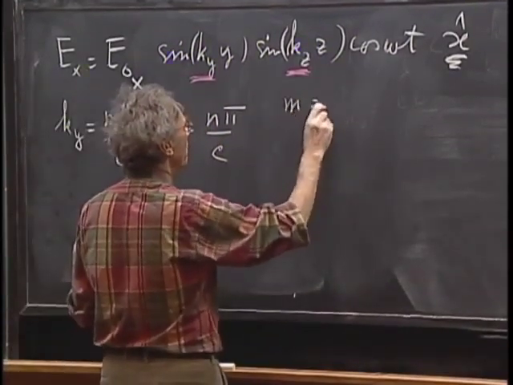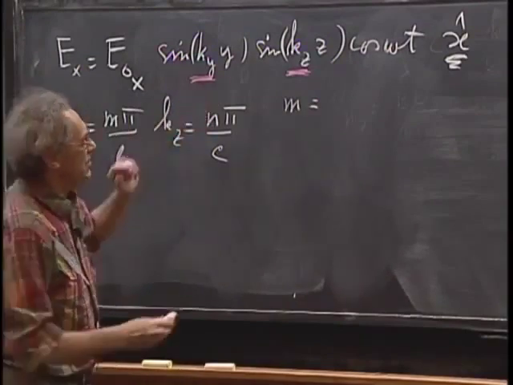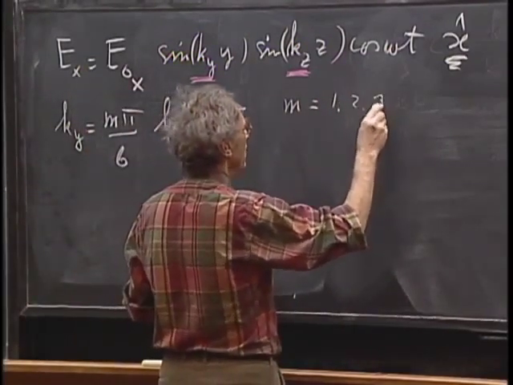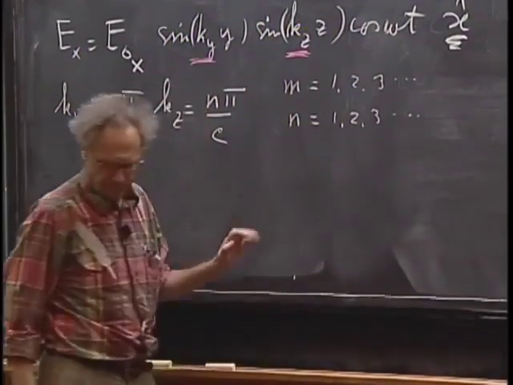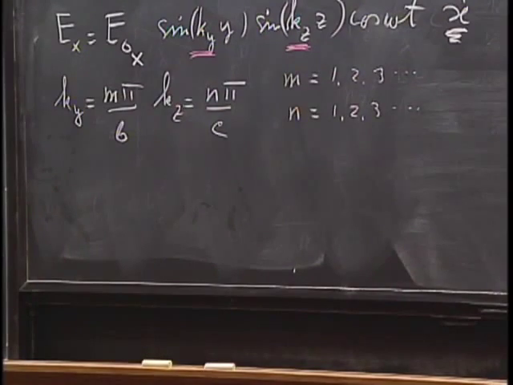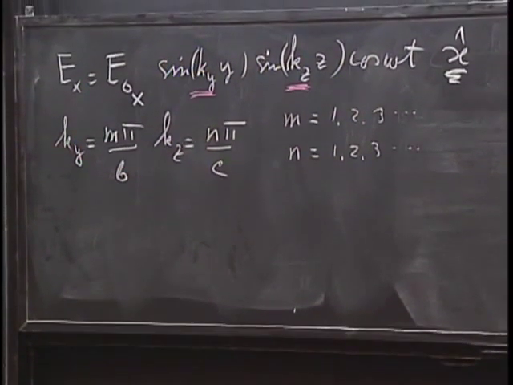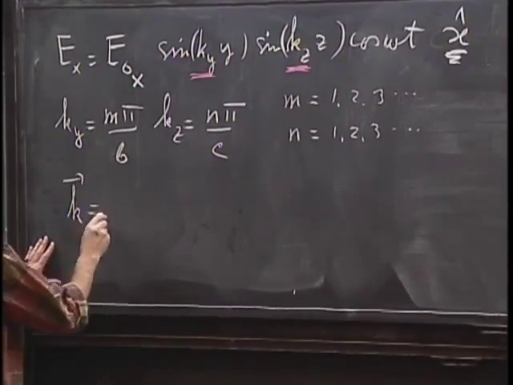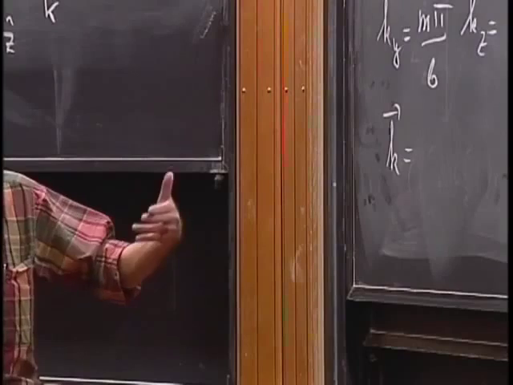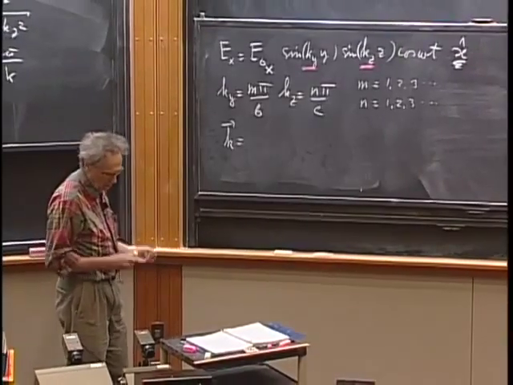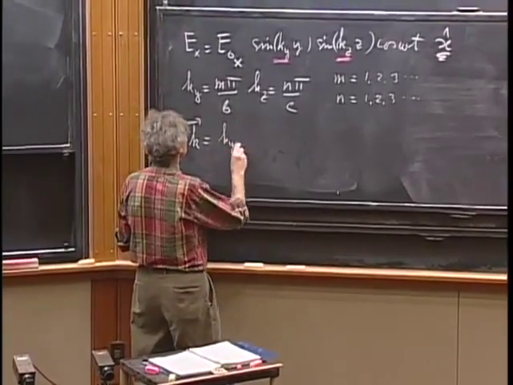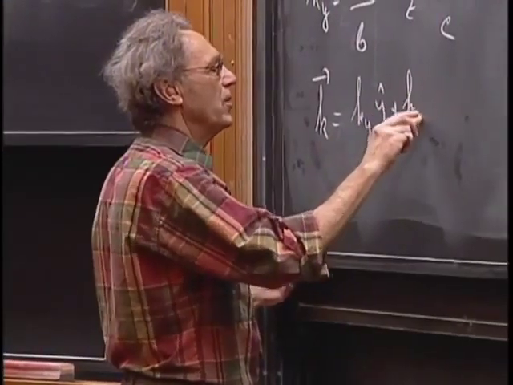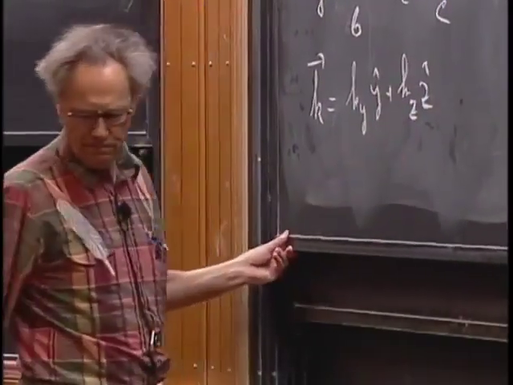And then m equals, in this case, it's sine, so that is 1, 2, 3, etc. And n equals 1, 2, 3, etc. And as long as I meet this condition, the E of x component is quite happy. So it means that k now only has a component in the z and in the y direction. Kx is 0 for this component.